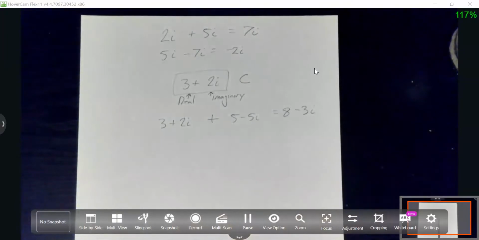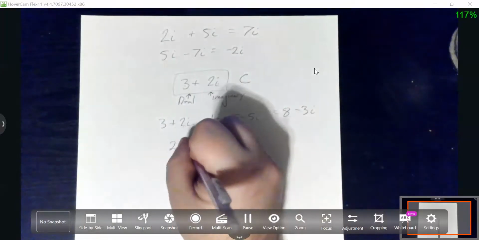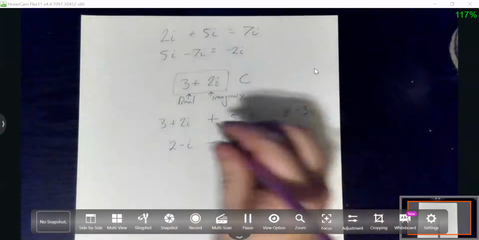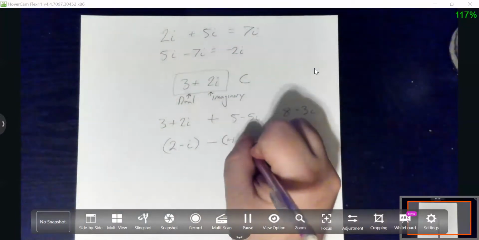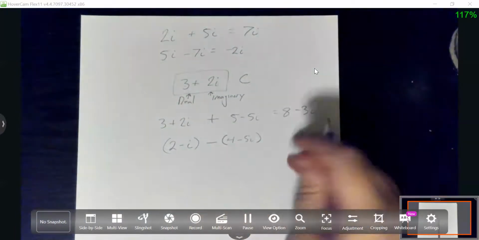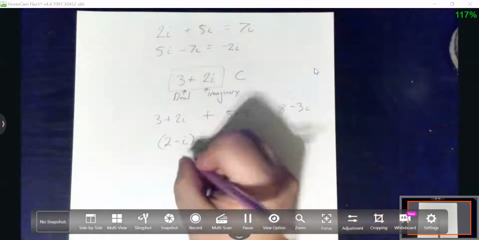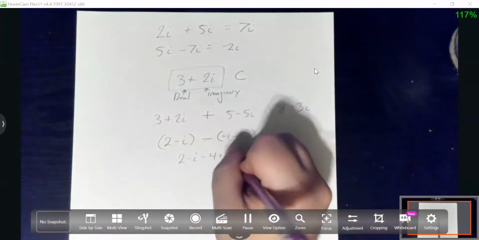Subtracting them, we want to subtract two complex numbers. Say 2 minus i minus, and here the negative is going to work like distributing as well, minus 4 minus 5i. I'm just making up numbers here. We can distribute the negative and then combine like normal. So this is 2 minus i minus 4 plus 5i.